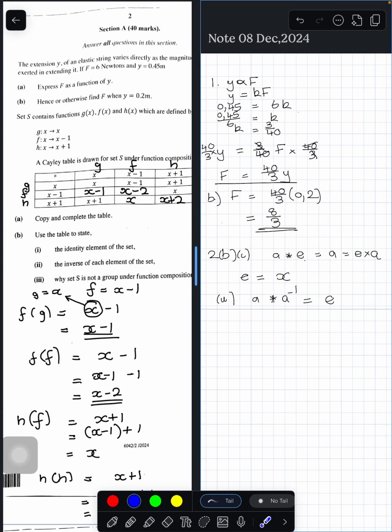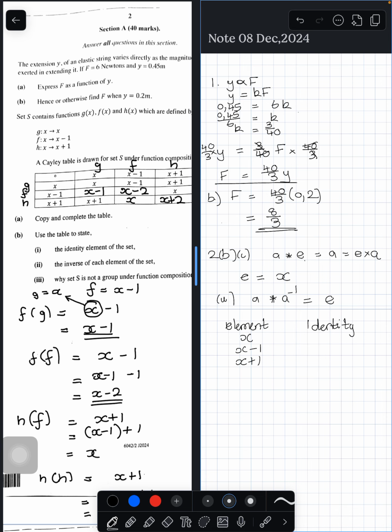Maybe we can come this side and write element and then inverse. Which elements do we have? We have x, we have x minus 1, and then we have x plus 1.